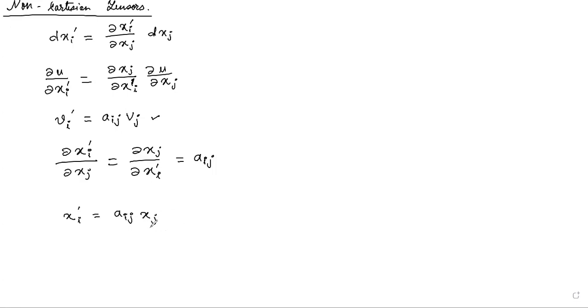This is how the coordinates transform from the unprimed frame to the primed frame when we consider the rotation of a Cartesian coordinate system. So let me draw it here.